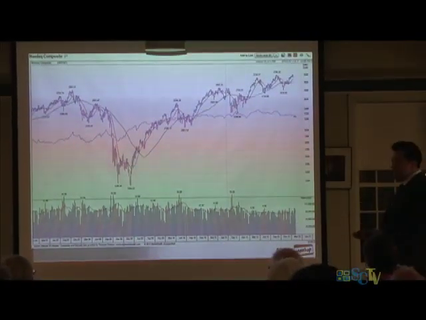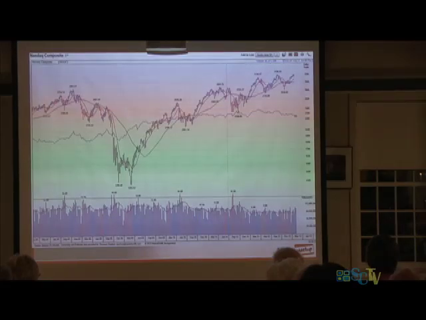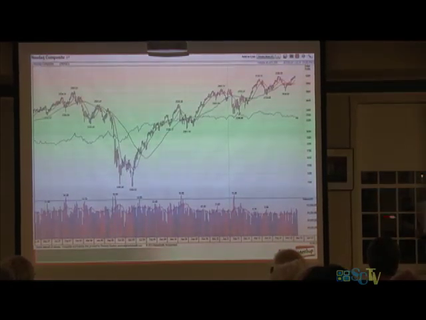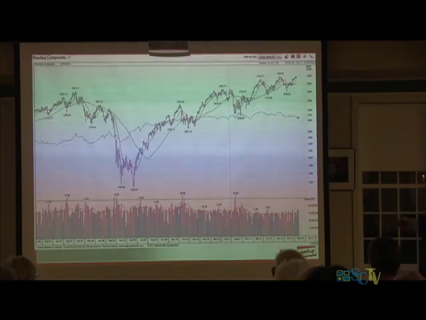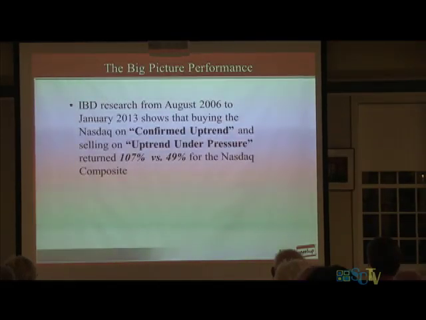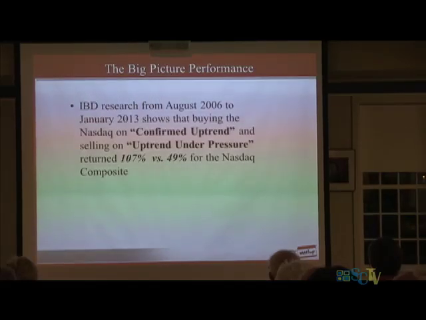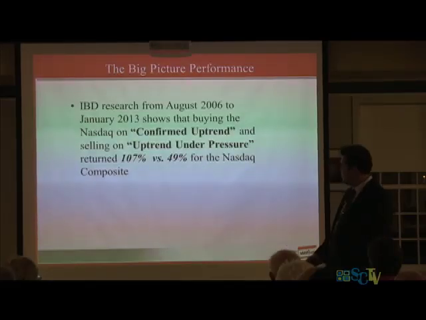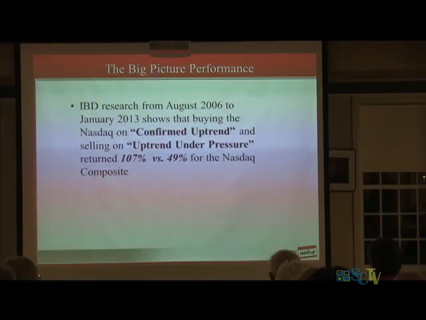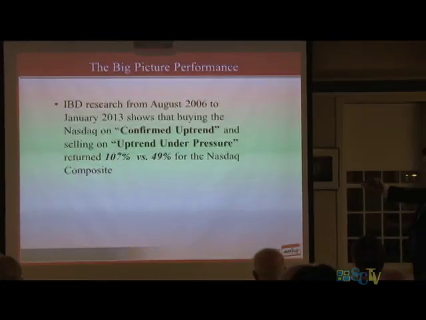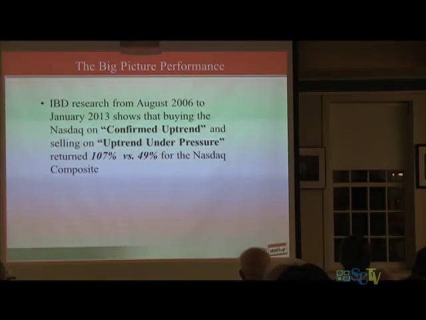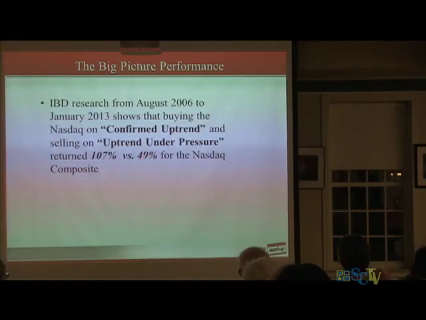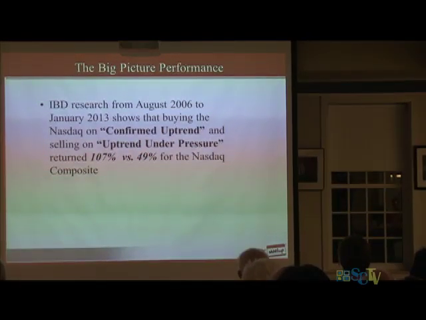Now, using this market pulse in this paper, during this period, if you would have bought the NASDAQ, aka the QQQ, or any other ETF that follows the performance of the NASDAQ, when we first go to confirmed uptrend, and then sell it the first time we come under pressure, over the last 7 years, your return would have been 107% versus 49% for the NASDAQ composite.